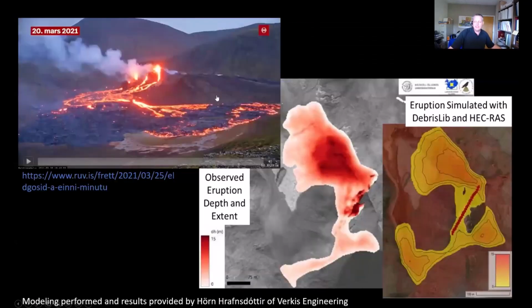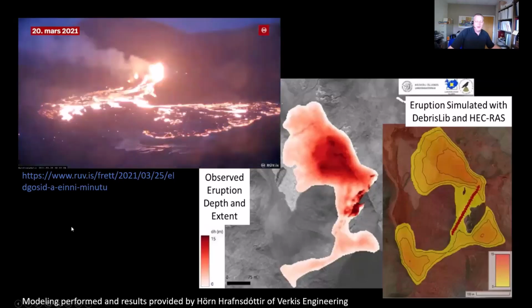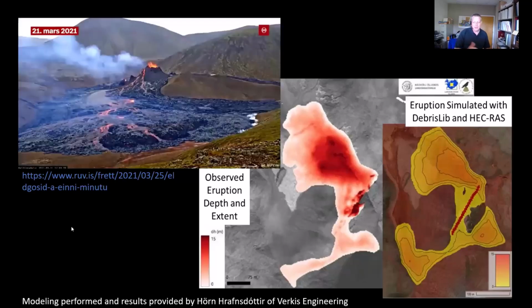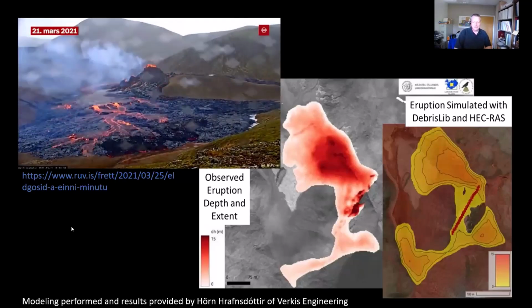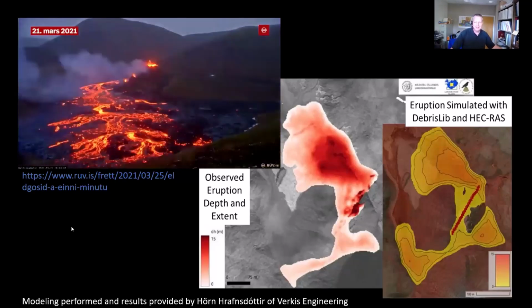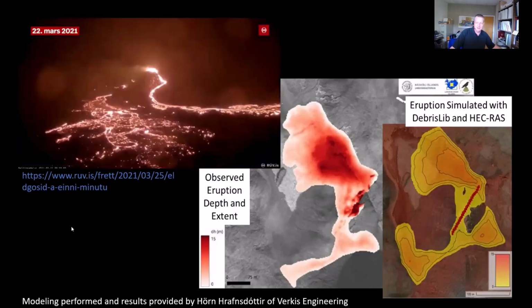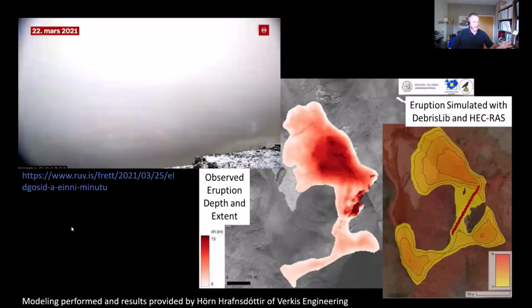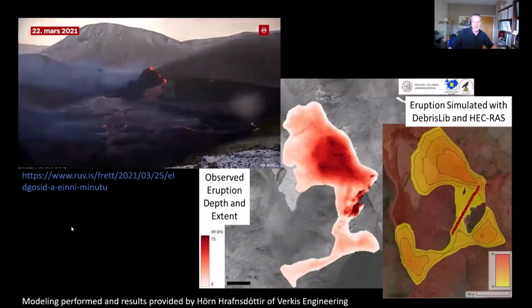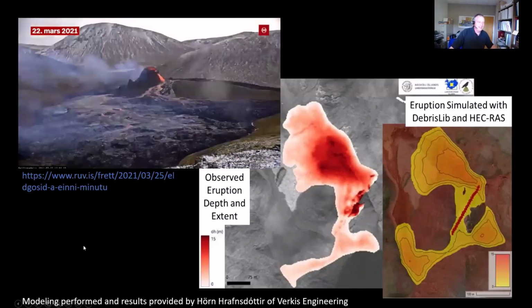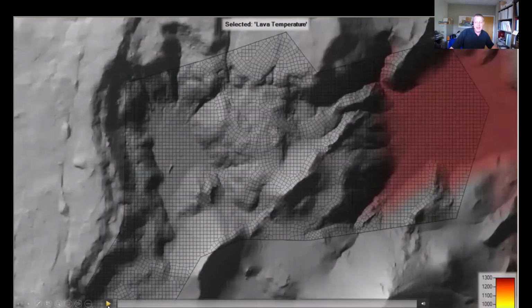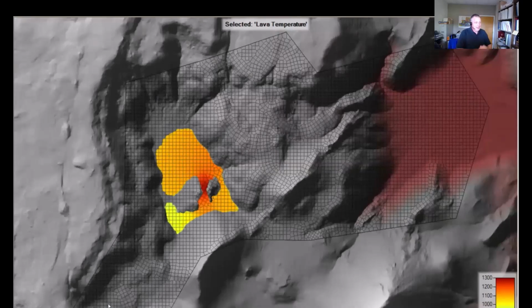Okay, I do just have to say we did add a Bingham cooling model to non-Newtonian. Our friend Horn from Iceland was using it to model the Iceland volcano, and then she was burning it in for cooling and then running it again and again. And so we got like a week of funding to try this. Alex Sanchez developed this. He's brilliant, and so he actually added the COSIT cooling model with a heat balance.